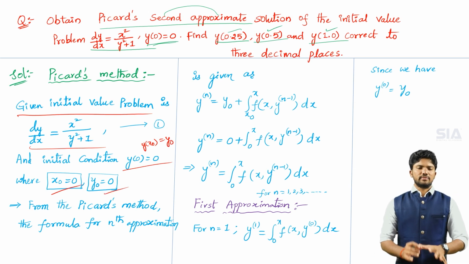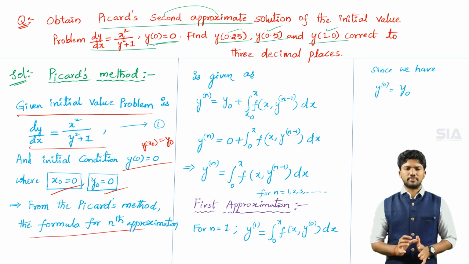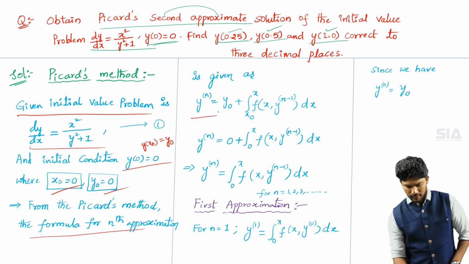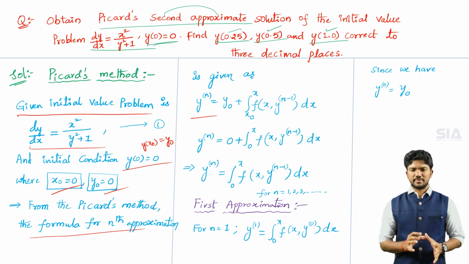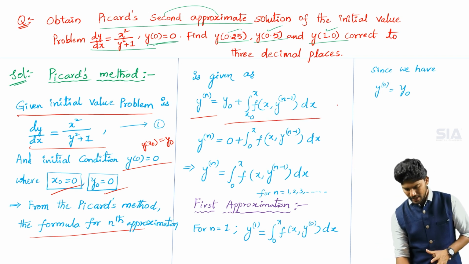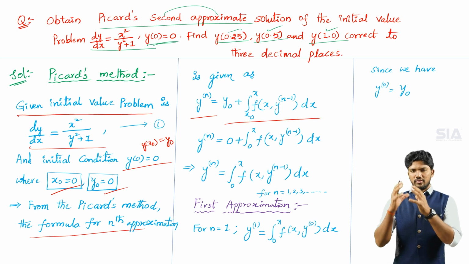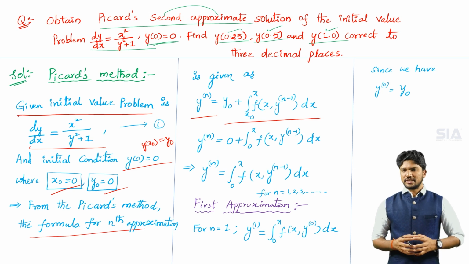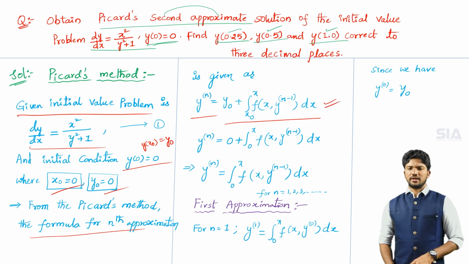From Picard's method, the formula for the nth approximation is given as y power n is equal to y naught plus integration over x naught to x of f of x comma y power n minus 1 dx.